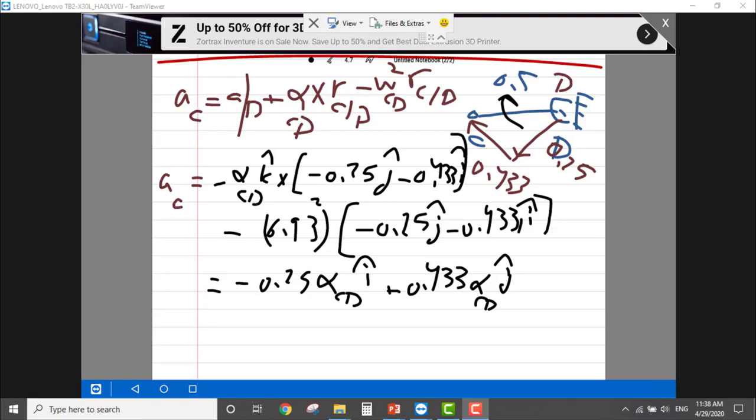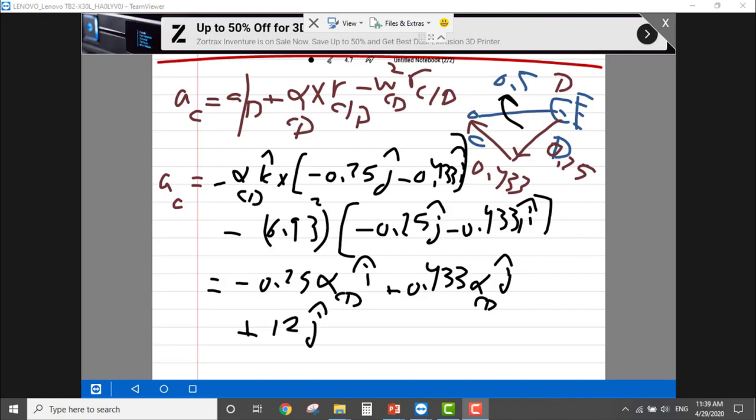Now for the other terms we have two minuses, so it will be positive. 6.93 squared multiplied by 0.25 is 12 exactly, so 12 in the J direction.